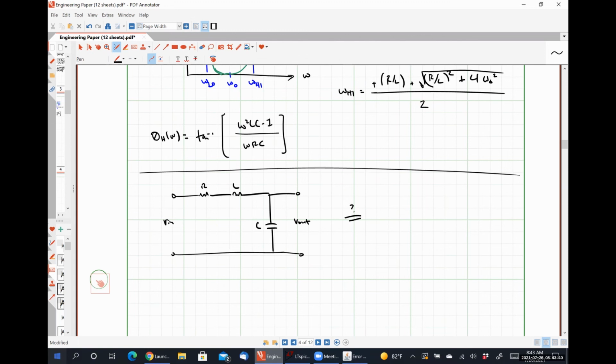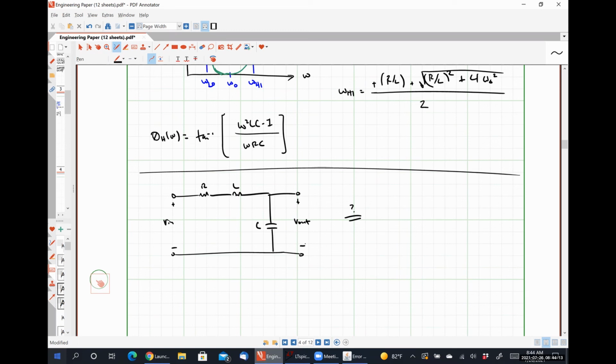What do you think this is? Any ideas? Let's look at it qualitatively.